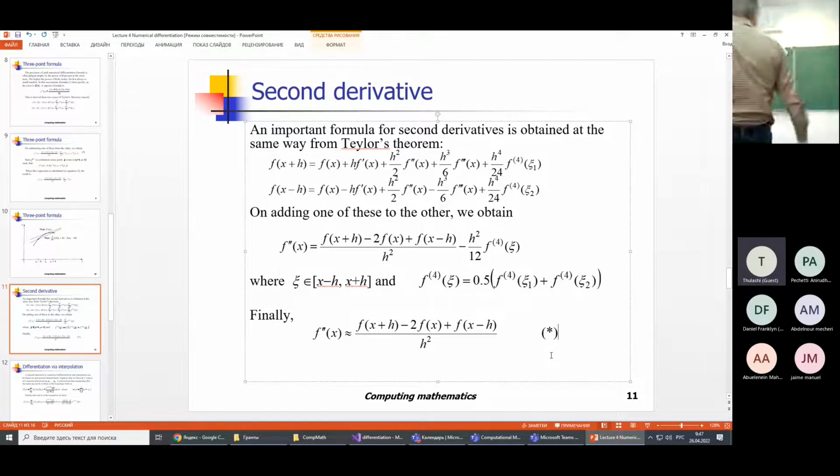What should we do? We should compute the value of the function at the point, f of x, which is just 1. Then f of x plus h, f of x minus h, and after that substitute into this formula.